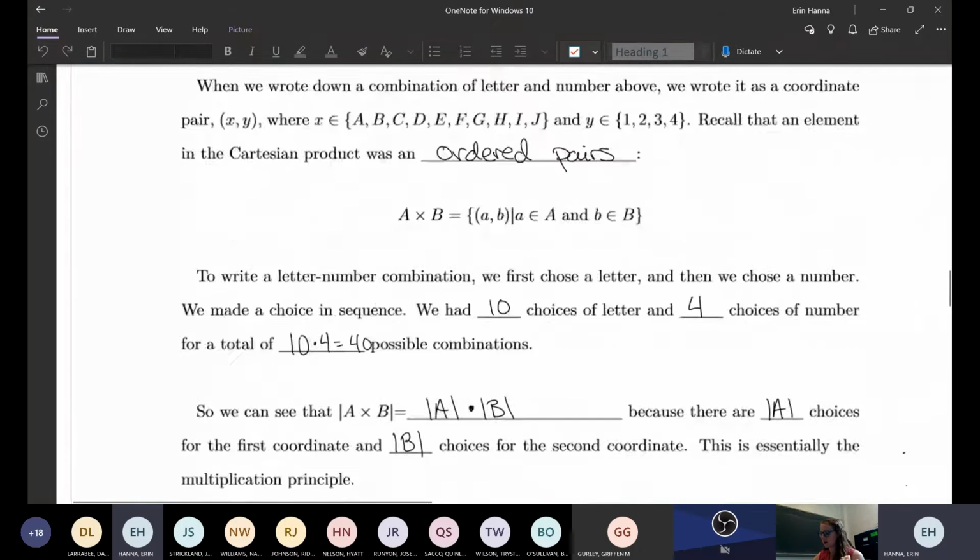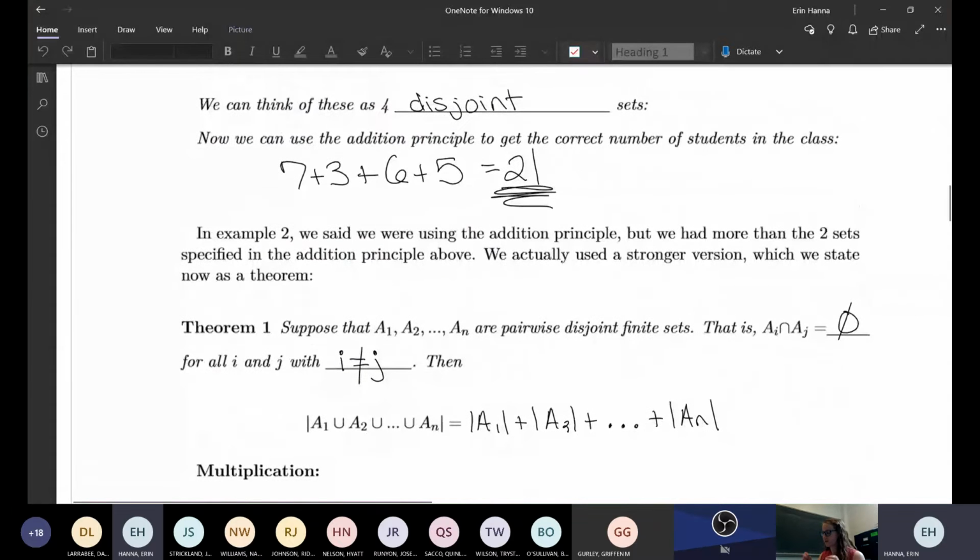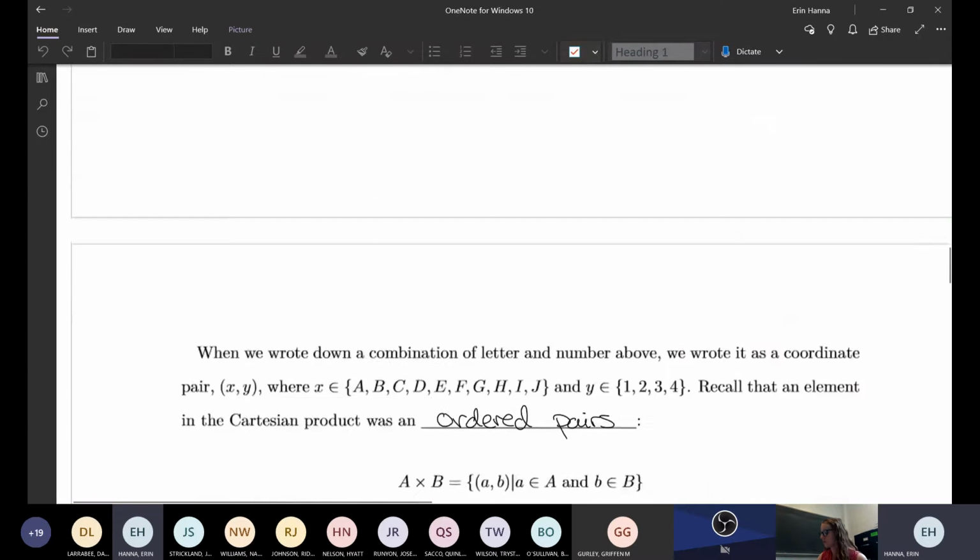And then there was also the addition principle, which said if the sets are disjoint, which means that if we intersect the sets, it has to be the empty set, they can't share any elements, and we want to figure out how many things we have between them, we can just add up all of their cardinalities.